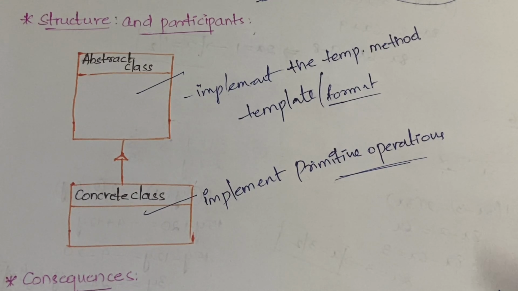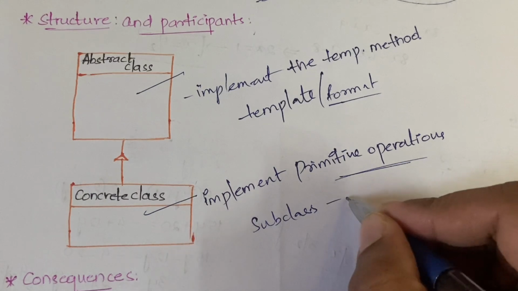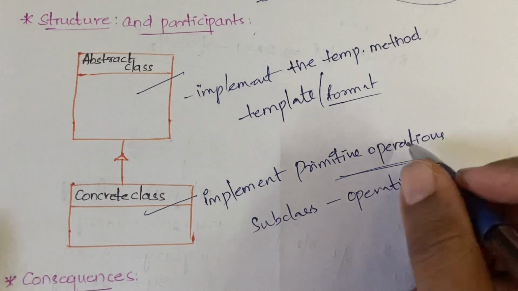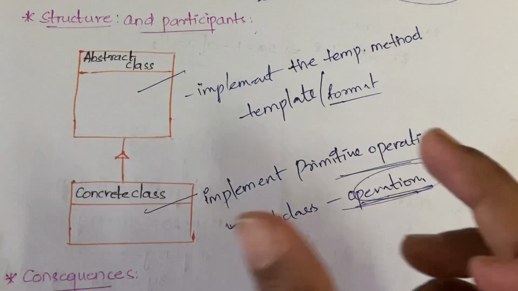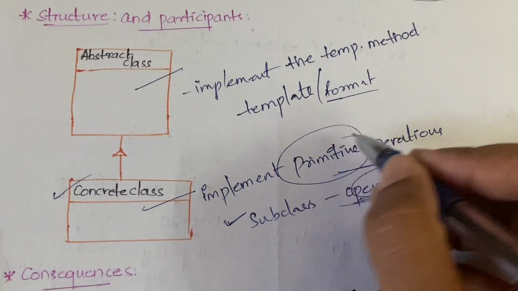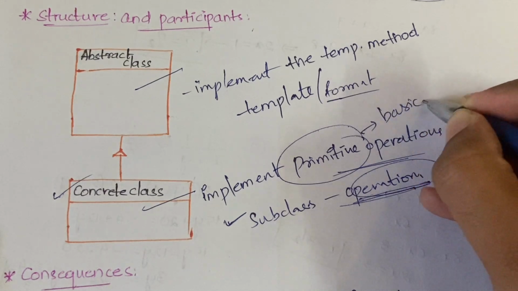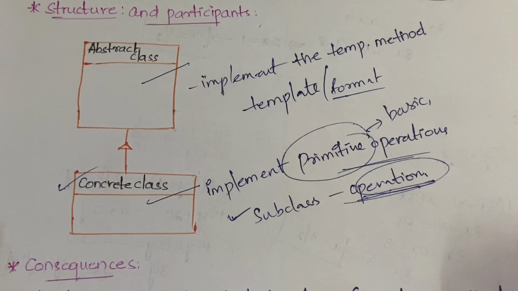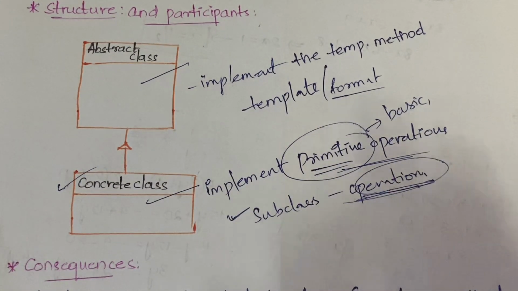Okay, like for this subclass, this specific operation, so all the subclasses will not be the same, right? So these particular operations which are specific to a particular subclass will be implemented with the help of these concrete classes. And what do you mean by primitive? Primitive in the sense basic, which are not derived, right? You know what derived data types and primitive data types in C are, right? So the same way, primitive in the sense it is something basic which is not derived from anything else.